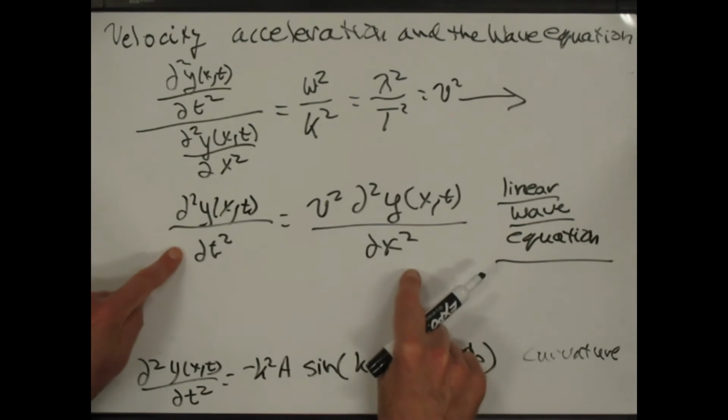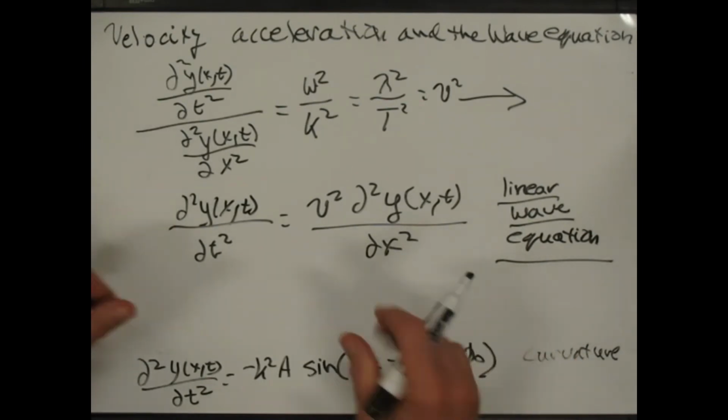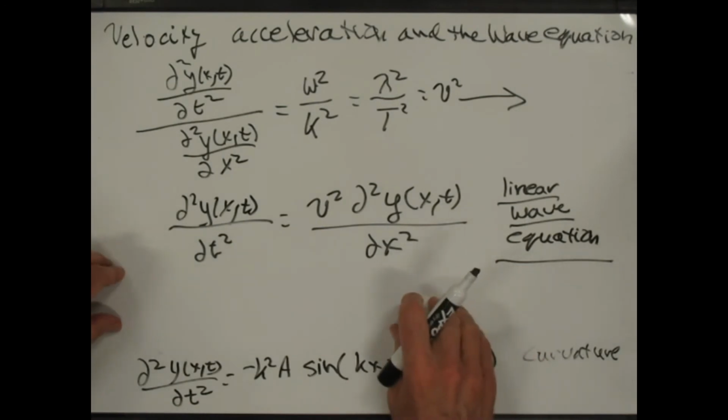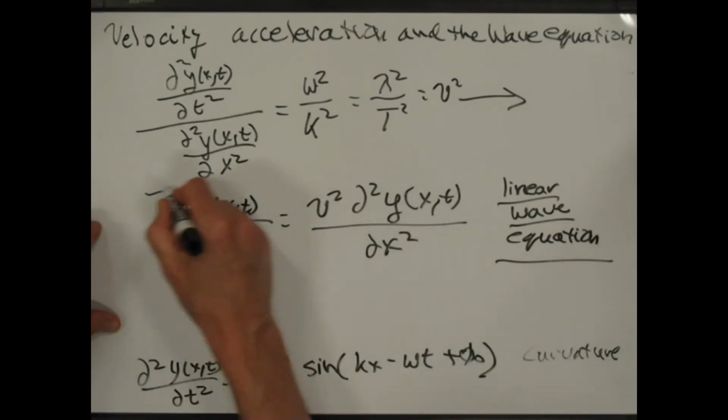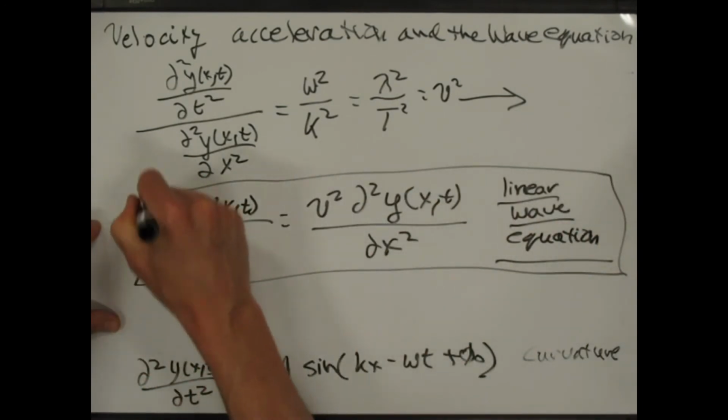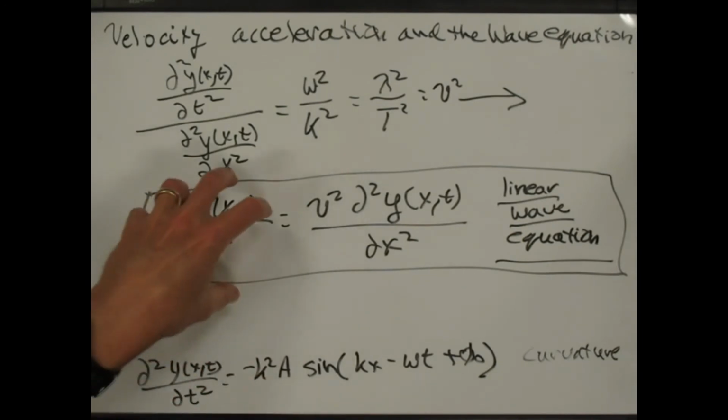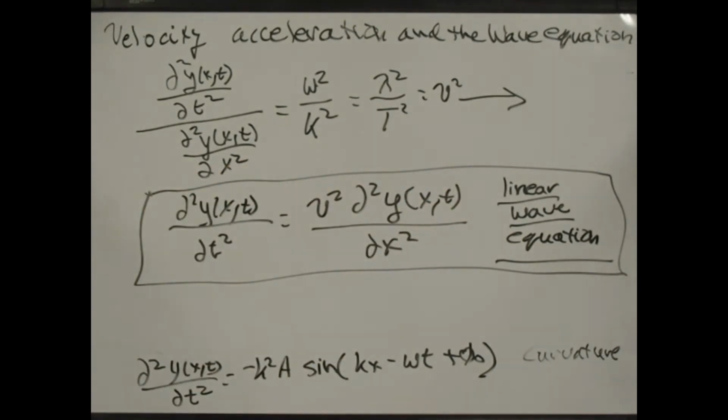This is the thing that has solutions that are A cosine of kx plus or minus omega t, where k is 2 pi over the wavelength and omega is 2 pi over the period. That's the linear wave equation. So waves obey this differential equation.